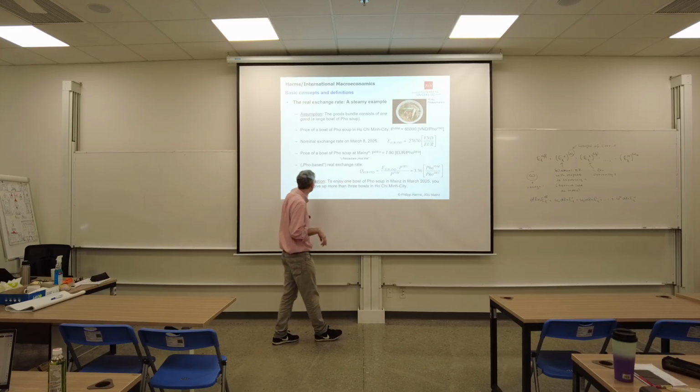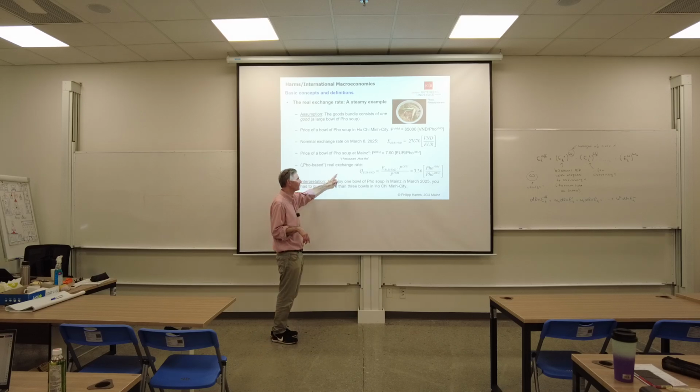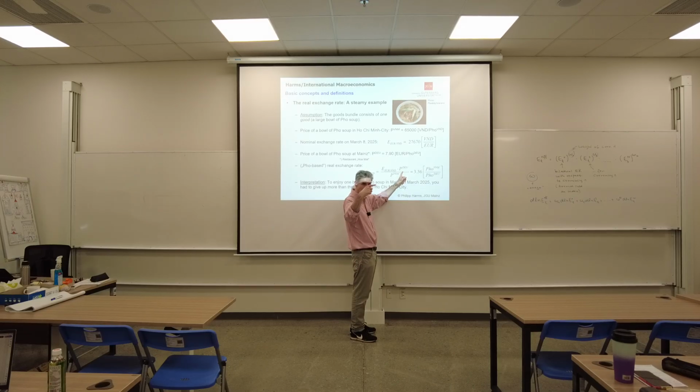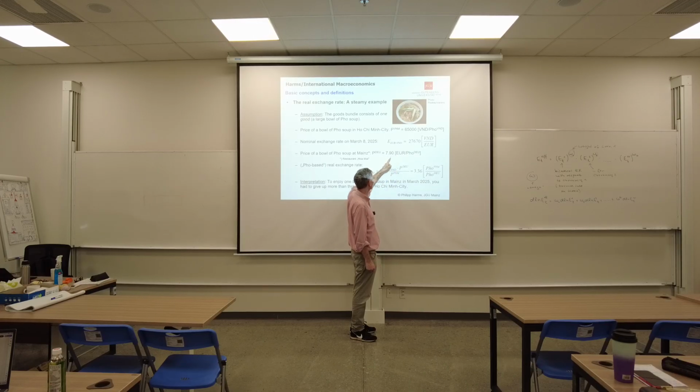So how do you compute the pho-based real exchange rate? Well, you take the nominal exchange rate, you multiply by the foreign price level, which is, from your perspective, the German price level, and you divide by the Vietnamese price level. So you multiply 27,670 by 7.90, and you divide by 65,000, and you get 3.36.